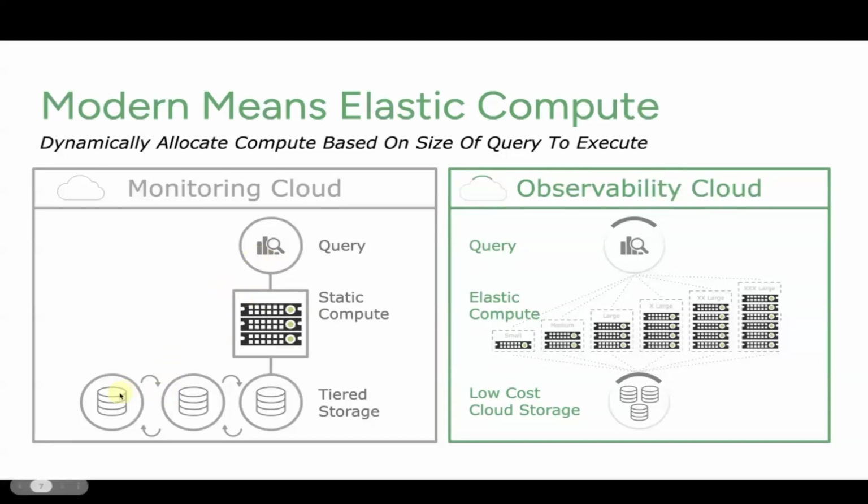If you brought in more data, the compute and the storage all scaled at essentially the same size, and the license that you got charged was all tied together. Sometimes there would be tiered storage to reduce some of those costs, but that also created complexity. How do I query that data? Do I need to do it in a different way? Is the query language even the same? Do I have the same capabilities? I'm going to dive into that a bit more in a second, but we really wanted to decouple those two.